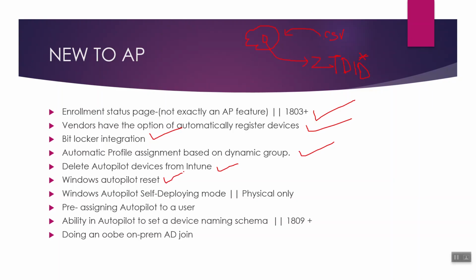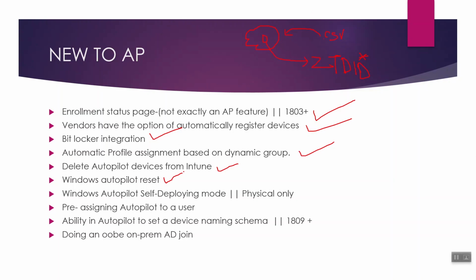So let's just say that there is an autopilot device and that device is running very slow. So in the conventional sense, if we have a Windows 10 device which is running very slow, we have done all the basic prereqs and it didn't work. We did a repair, we did a refresh, we did whatever we could, but it didn't work.